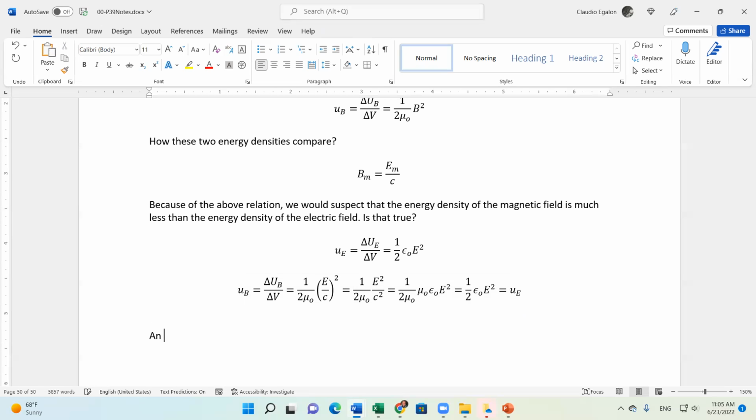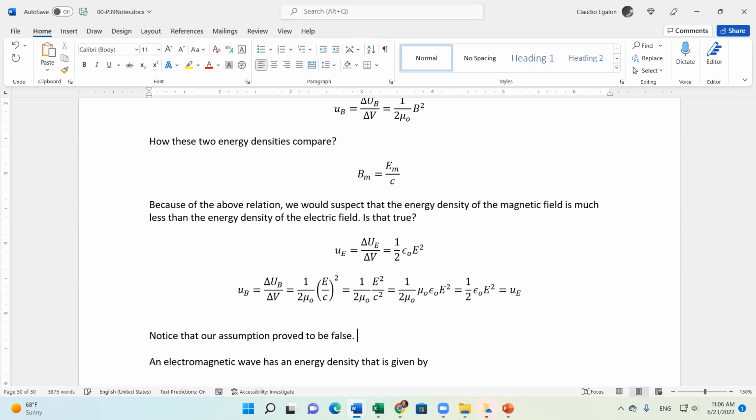So an electromagnetic wave, we can conclude, has an energy density that is given by, note that our assumption proved to be false.